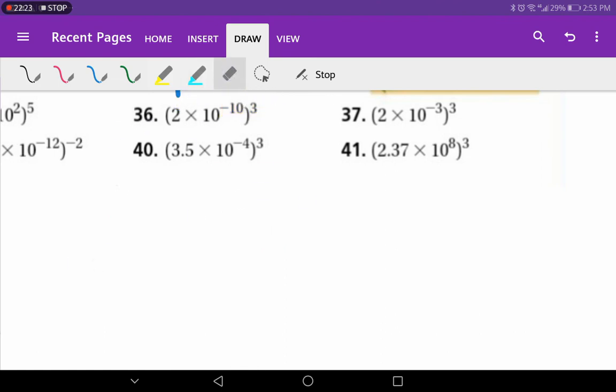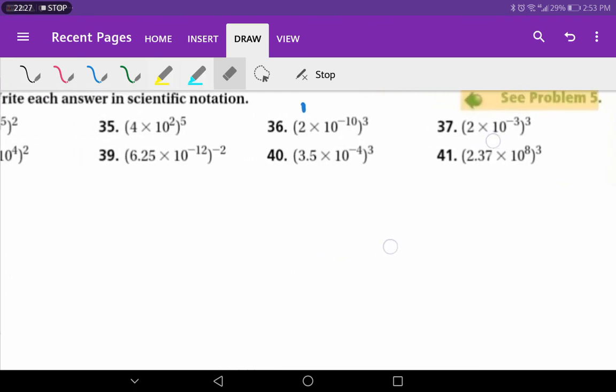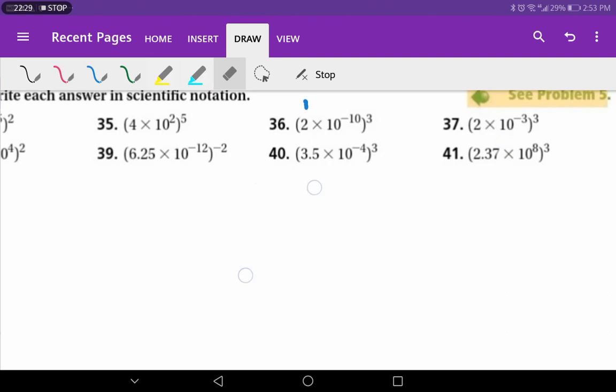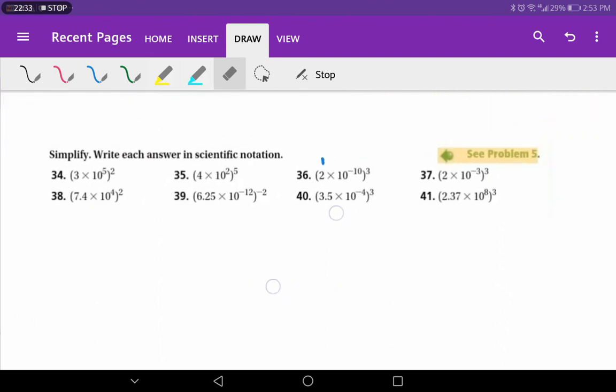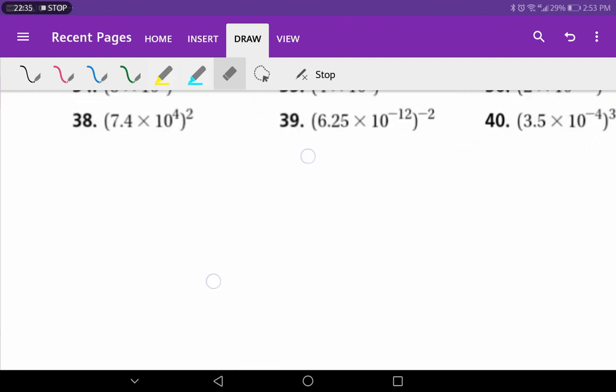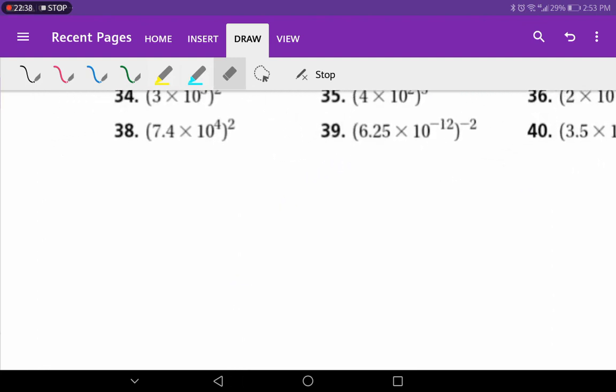Okay, one more example. Let us take this one, 38, and we're done from this part. Now the 2 will visit the 4, so 2 multiply 4, and the 2 will visit the power 1 here. So the power outside, teacher, just only visits the powers? Yes, just only visits the powers.